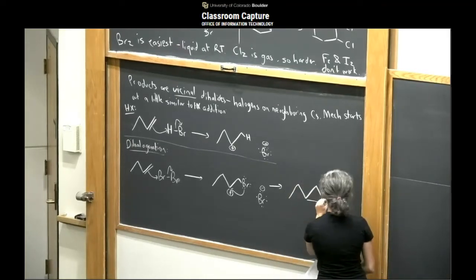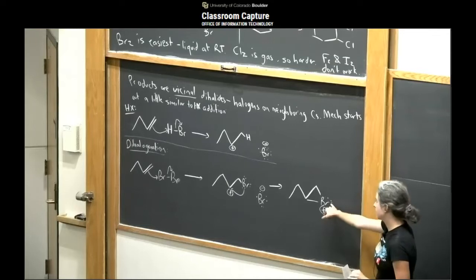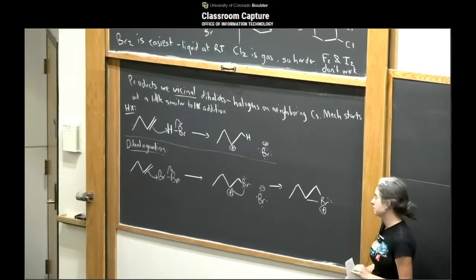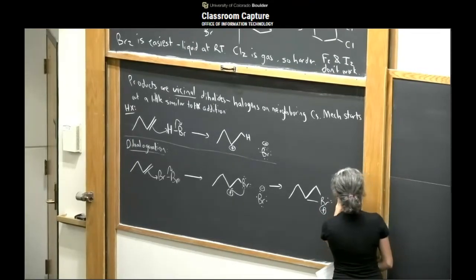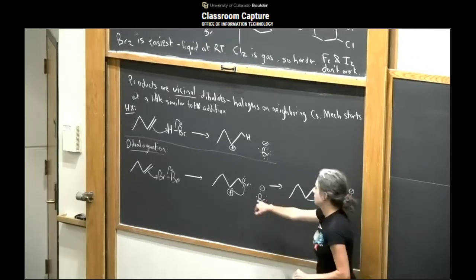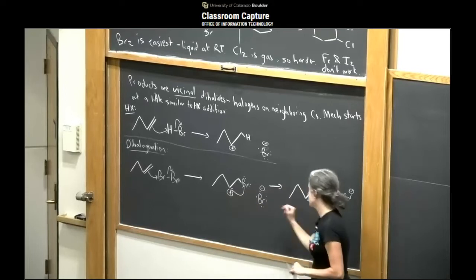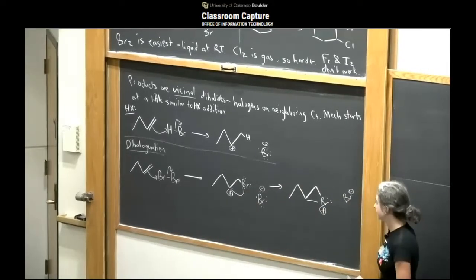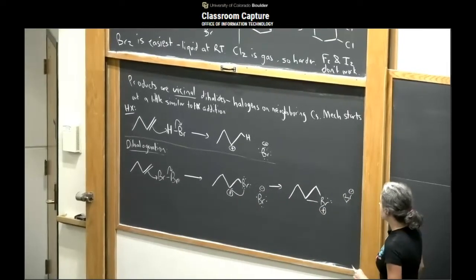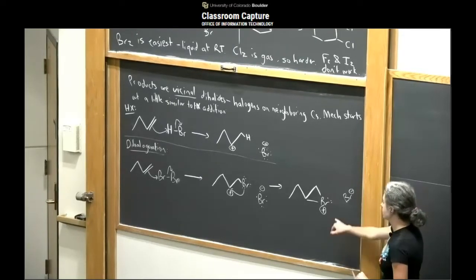And if you go through and count for formal charge, you'll see that after this step, this bromine should have a positive charge. Or you could just figure it out as this bromine was neutral. It gave up electron density by doing this, so it should end up holding the positive charge. Okay. So that looks pretty reasonable as a mechanism.